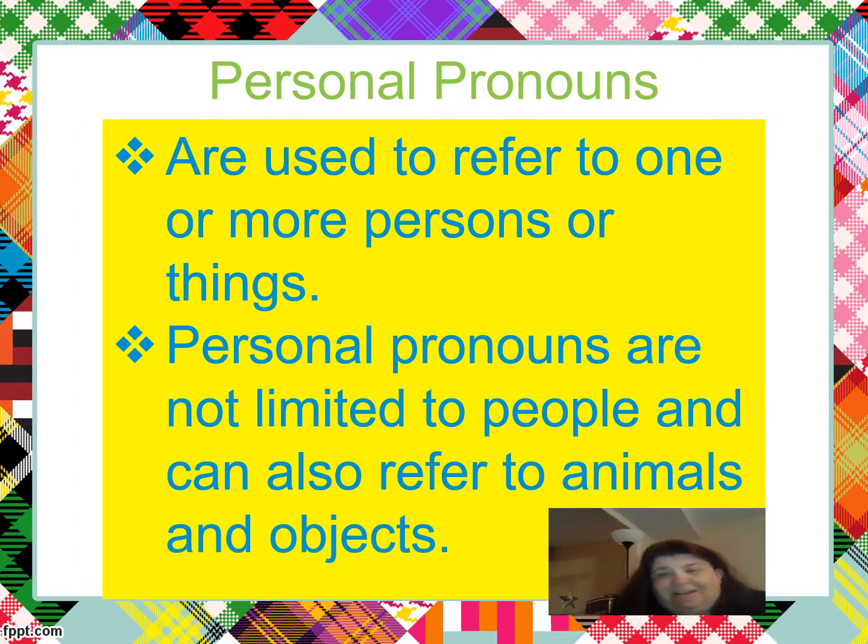Now we're going to talk about our first type of pronouns, and that is our personal pronouns. When you think about a personal pronoun, it refers to one or more persons or things. Personal pronouns are not limited to people, but can also refer to animals and objects.